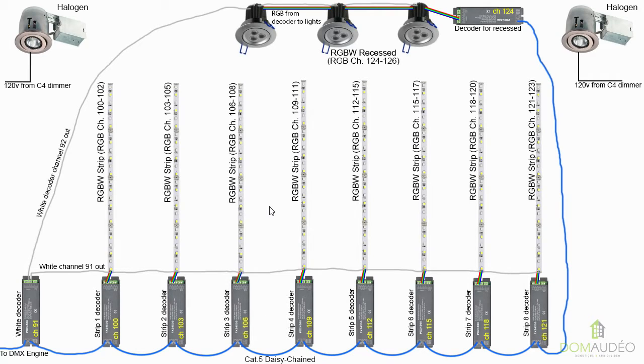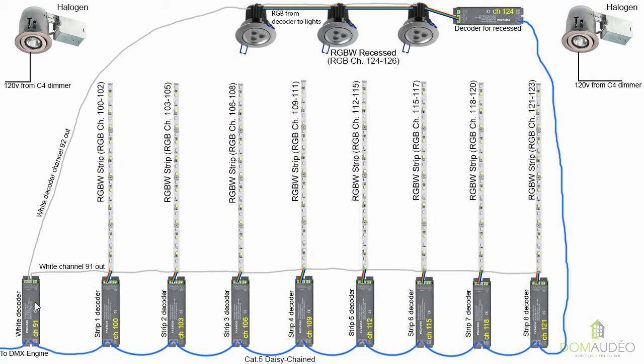We basically use all RGBW fixtures: 8 sections of RGBW strip and one set of RGBW recessed light. Each RGB section uses a 3-channel RGB decoder.